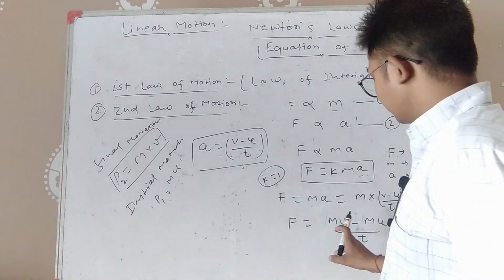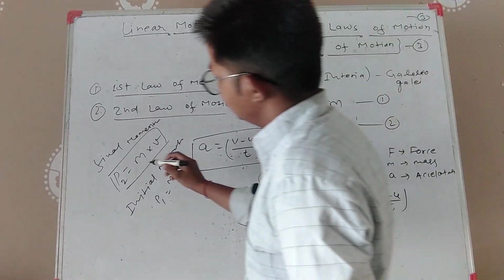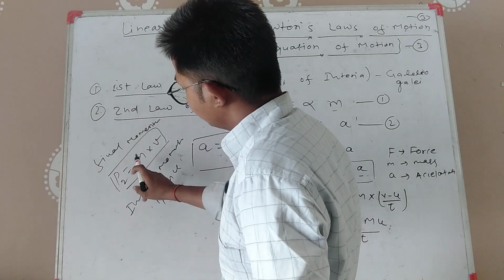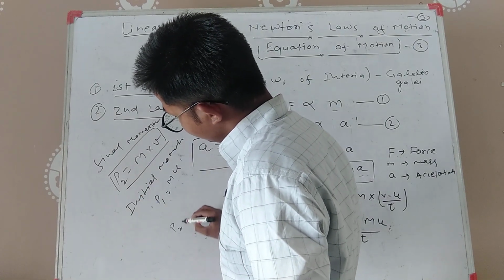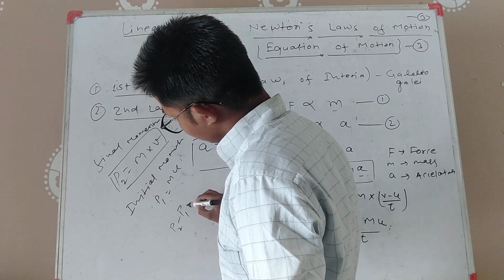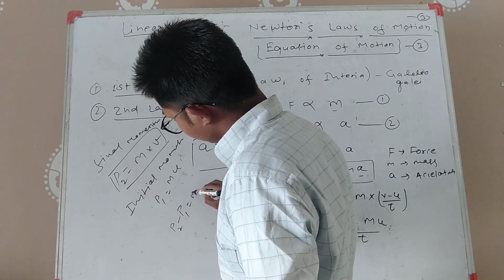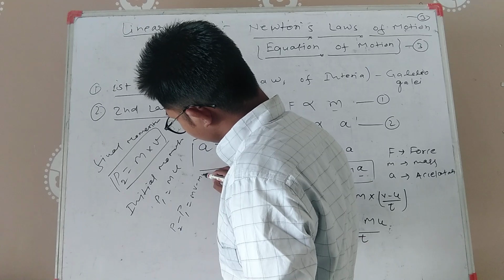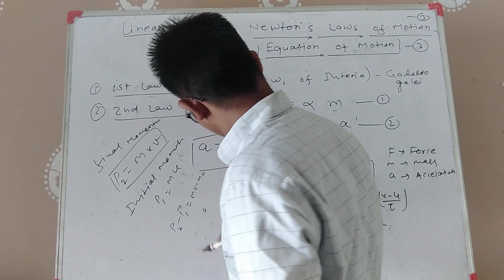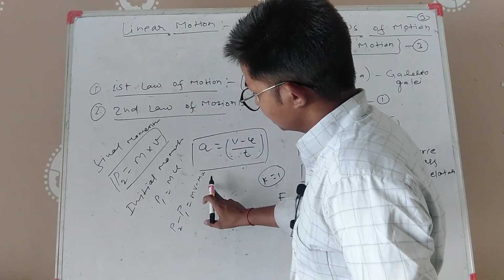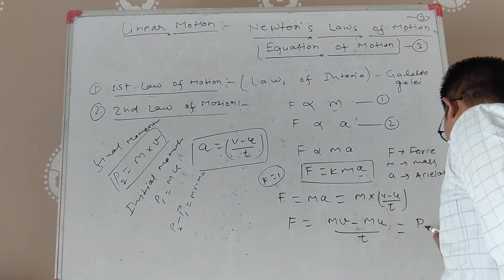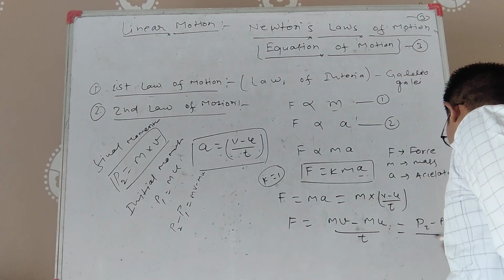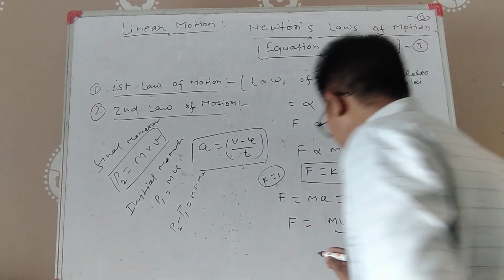Here we get mv minus mu. That means the change in momentum from p1 to p2. If you want to find the change in momentum, we have to write mv minus mu. So this gives the change in momentum, that is p2 minus p1, upon t.